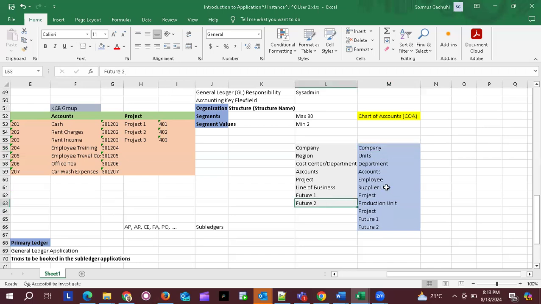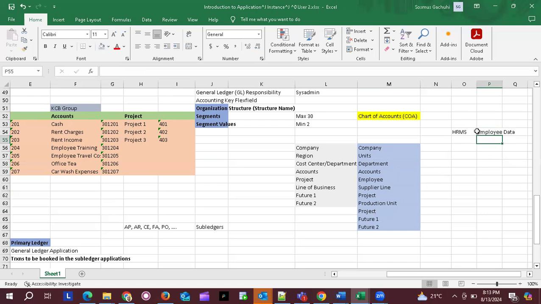So for instance, you need to understand why the business needs to track the employee information at this level, whereas we have HRMS, where we maintain employee data.